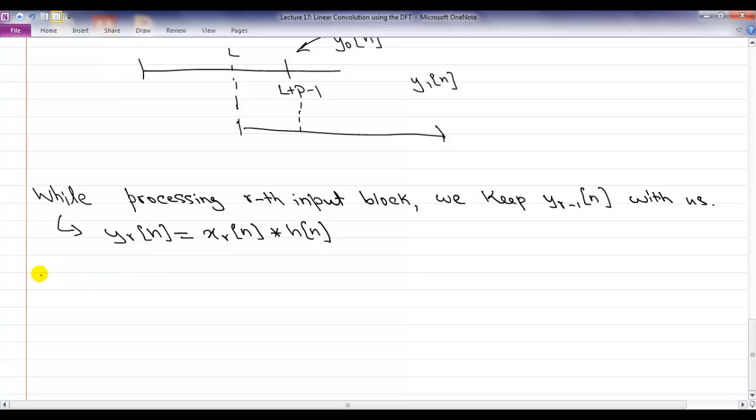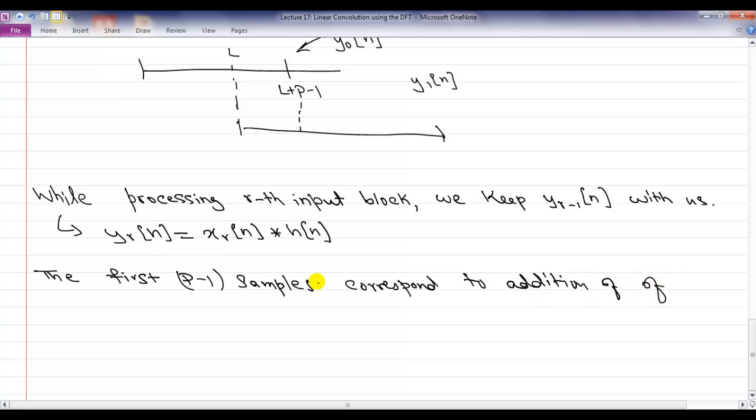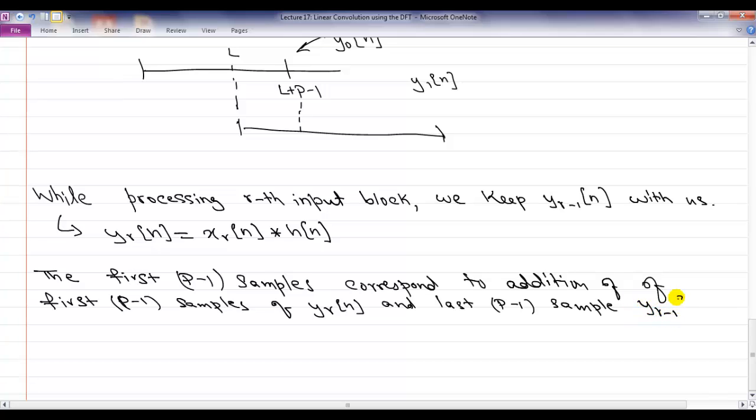Rather, what we do is the first P minus 1 samples correspond to the addition of the first P minus 1 samples of y_r[n] and the last P minus 1 samples of y_{r-1}[n].